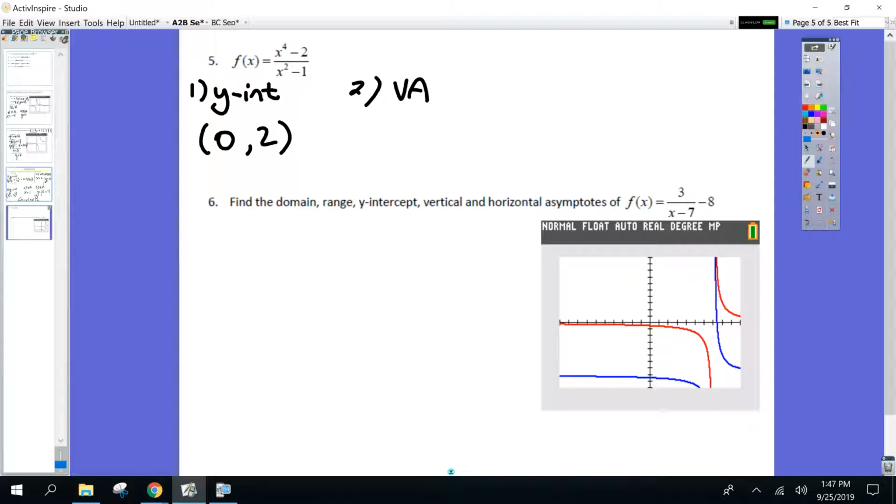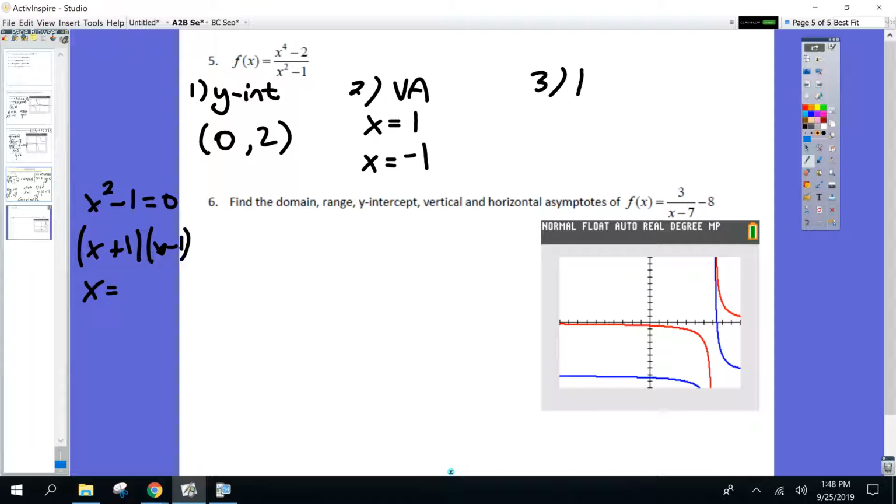What's in the denominator? X squared minus 1, and I want to know when it's equal to 0. Factor that: x plus 1 and x minus 1. So the vertical asymptotes are x equals 1 and x equals -1. You get 2 different vertical asymptotes.